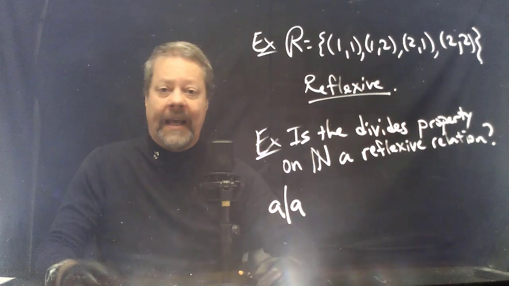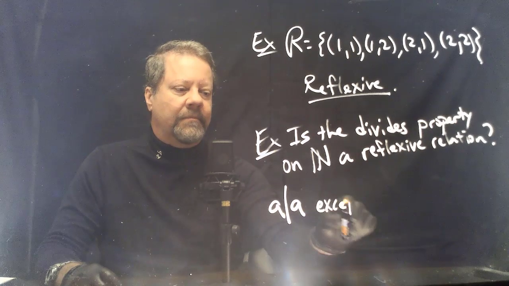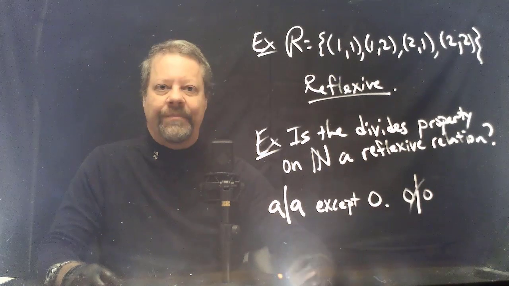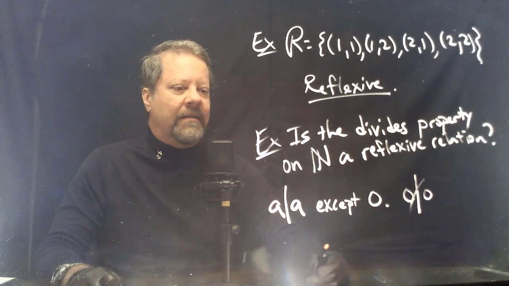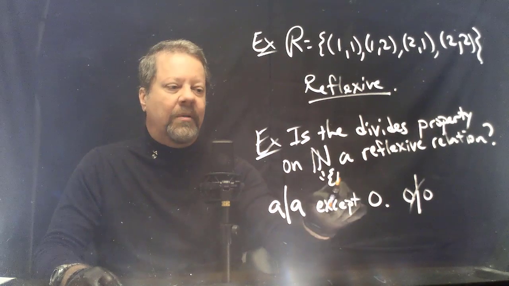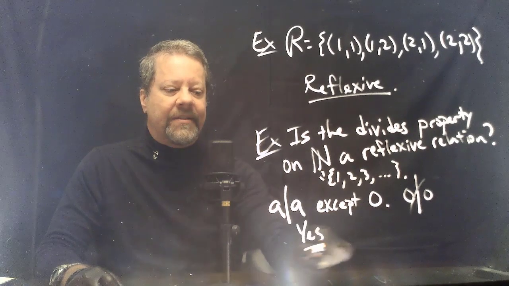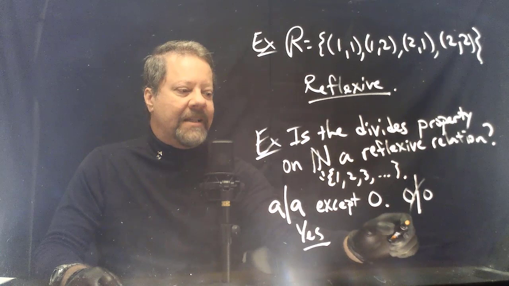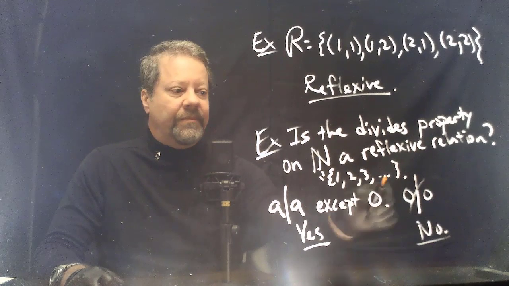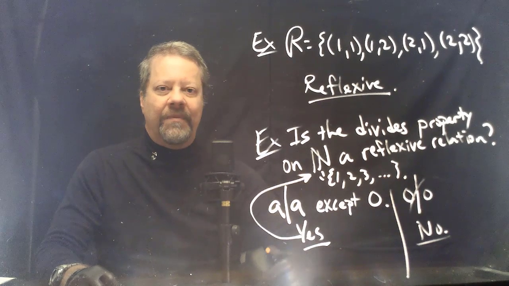Well, yeah, every number except 0 divides itself. 0 does not divide 0 because nothing divides 0. In other words, as long as we're on the set {1, 2, 3, and so on}, the answer is yes. But when we try to extend this to sets that include 0, the answer will be no. So for the positive integers, yes. For other sets, no.